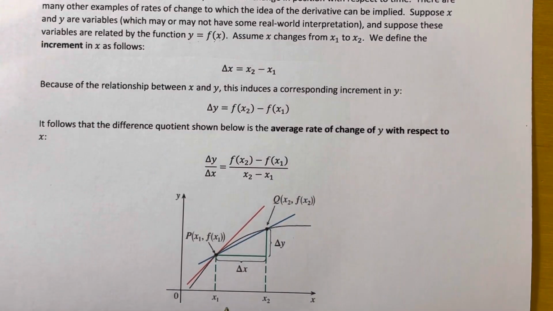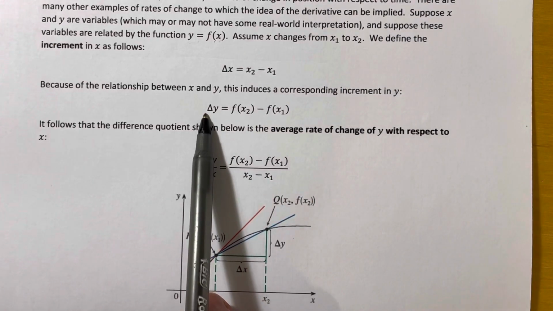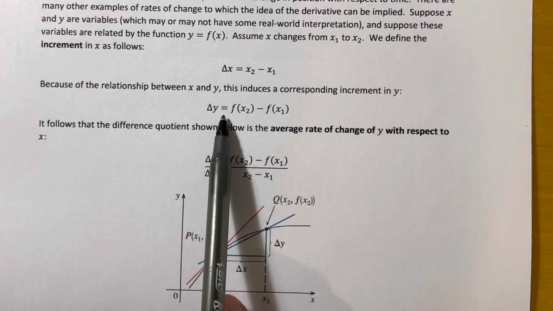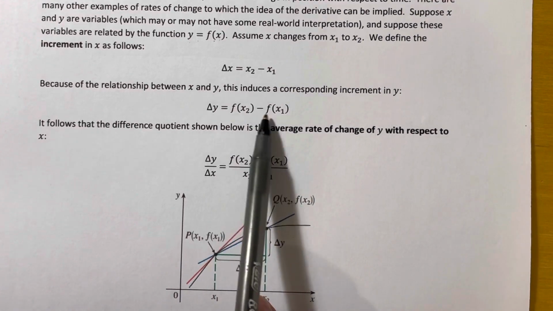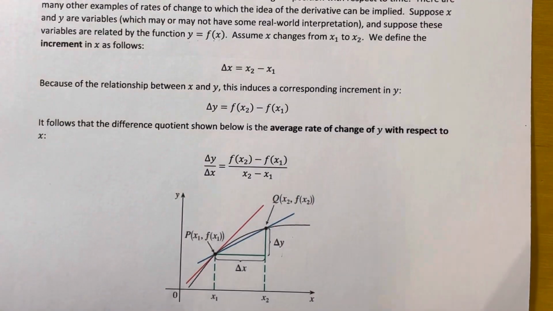Now, as I move from x1 to x2, my dependent variable y is a function of these x values. So there's a corresponding change that happens in my y. So naturally we use the same notation, an increment in y, a corresponding increment in y, we would call that delta y. And that would be equal to f of x2 minus f of x1, which you can kind of see from this diagram y is defined that way.